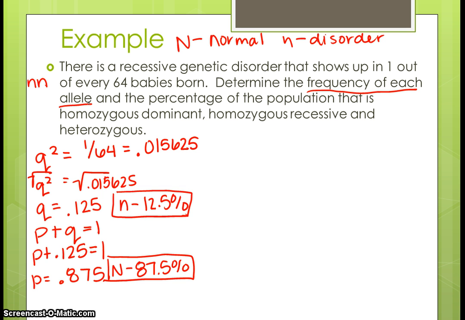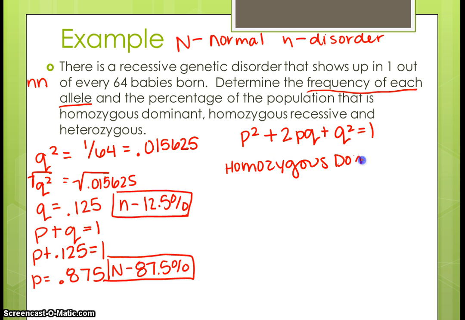All right, the next part is to figure out the percentage of the population that has each of the different genotypes. For that, we're going to use that P squared plus 2PQ plus Q squared equals 1. So, to find somebody that is homozygous dominant, we are simply going to use P squared.